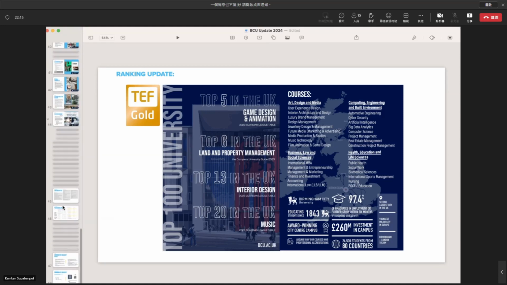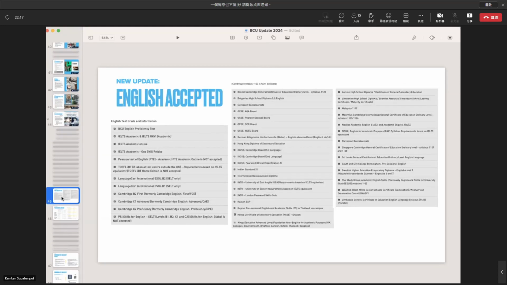Now, I'm just going to show you a little bit more about the English requirements before I pass this back on to Rob. At the moment, at BCU, we're accepting IELTS overall of 6.0, right? So 6 overall and a minimum of 5.5. Other than that, we also accept every other available English qualification listed on this particular slide for you.